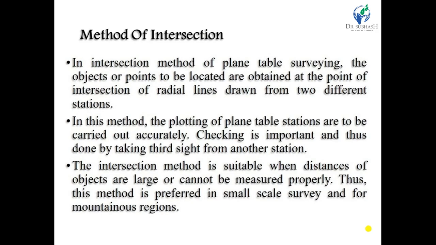Next, we study the method of intersection. In the intersection method, if we have to locate a point outside our boundary line, or an inaccessible point that has to be drawn in our map, we use the method of intersection.